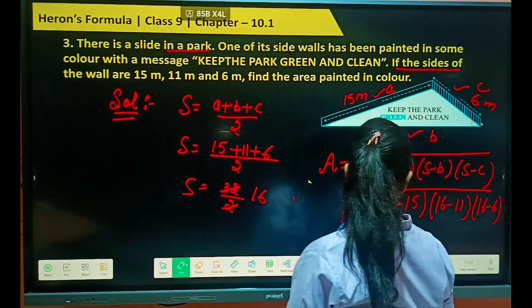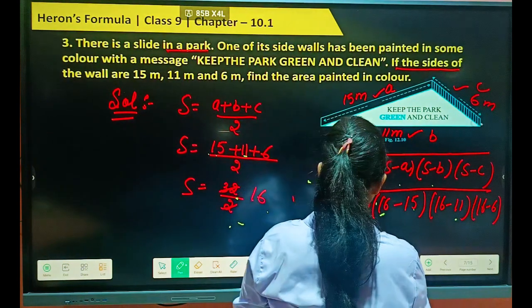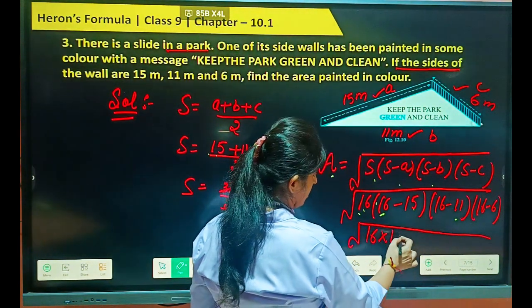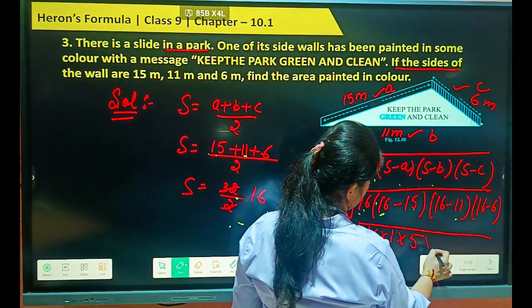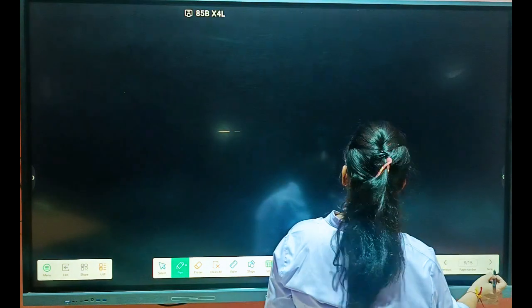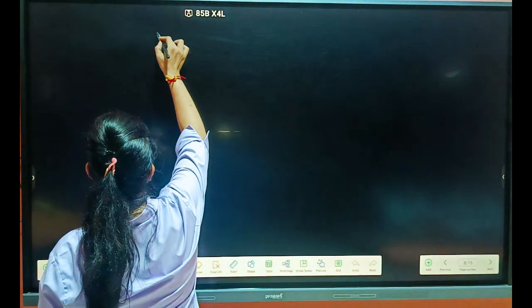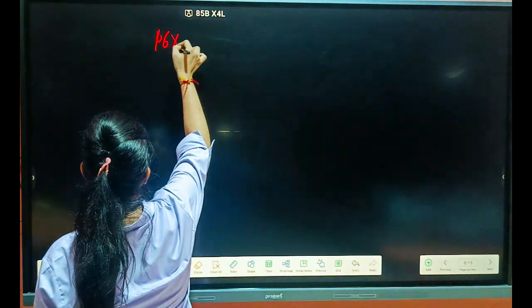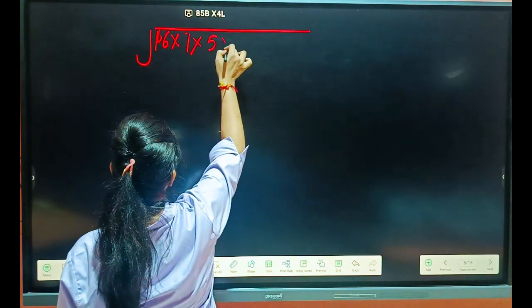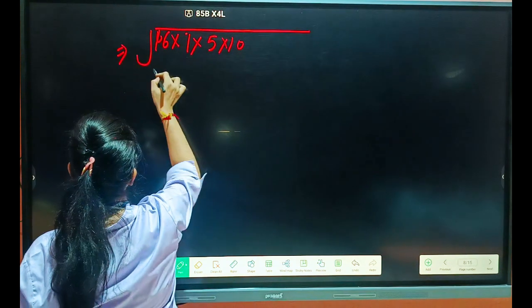Okay, we will write like this: 16, 16 minus 15 is 1, 16 minus 11 is 5 and 16 minus 6 is 10, right? 16 into 1 into 5 into 10, that we have written.